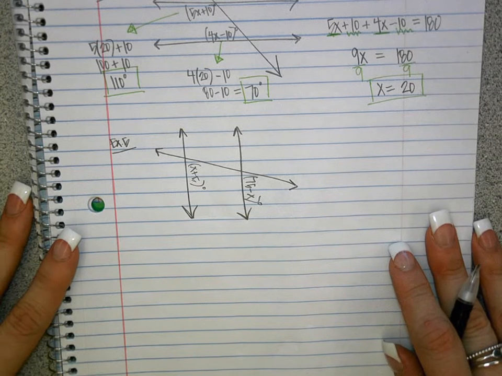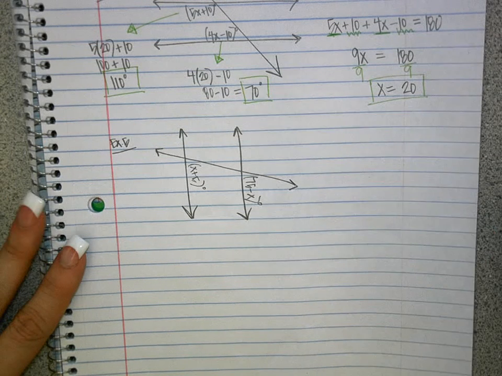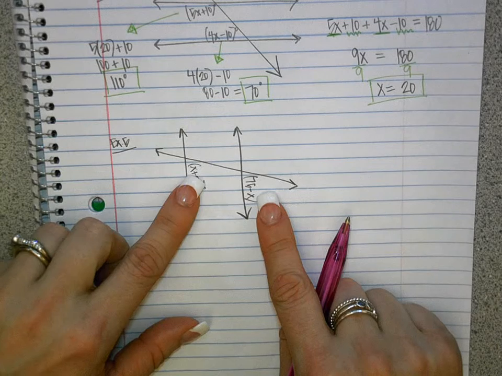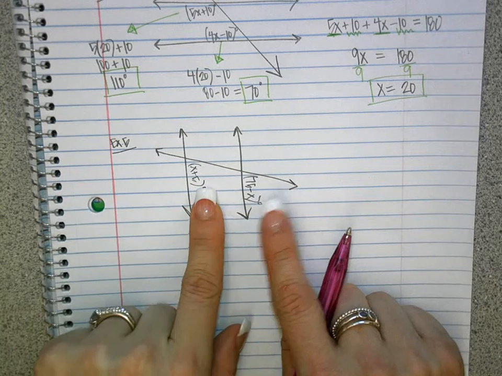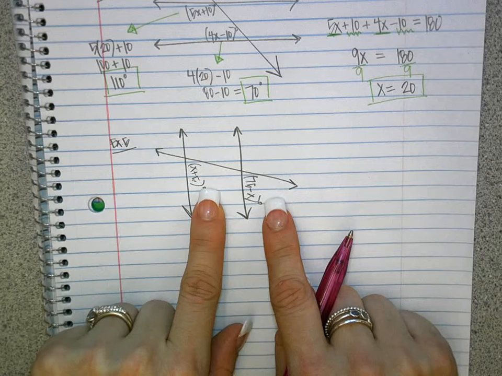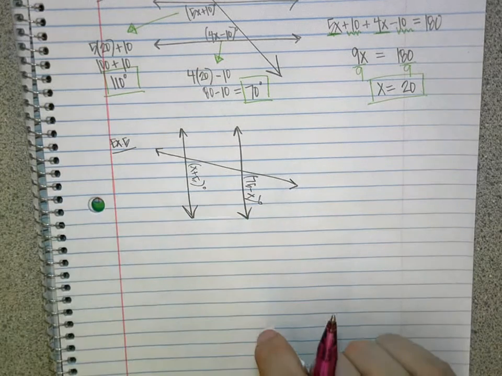What type of relationship would you say these two have? They are on the same side, but one is inside the parallel, so it would be interior. One is outside. Do we have a relationship where there's one of each? They're corresponding, right?